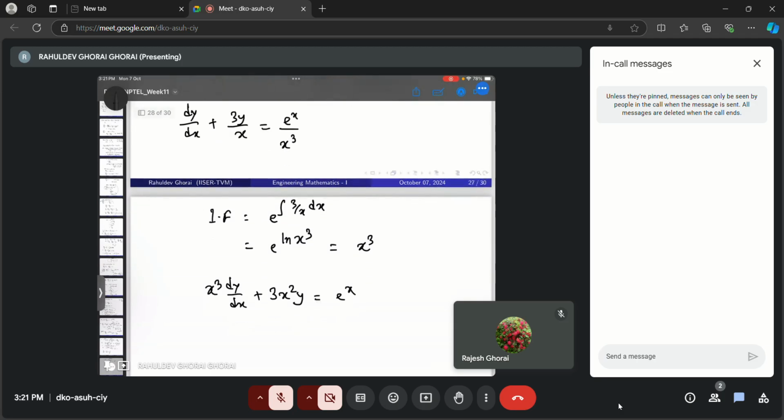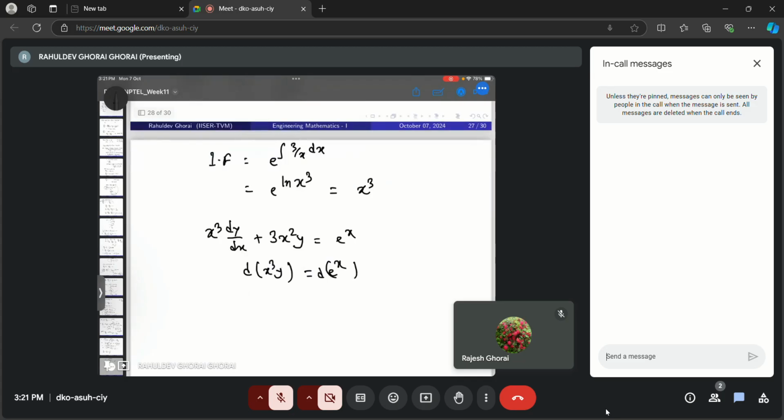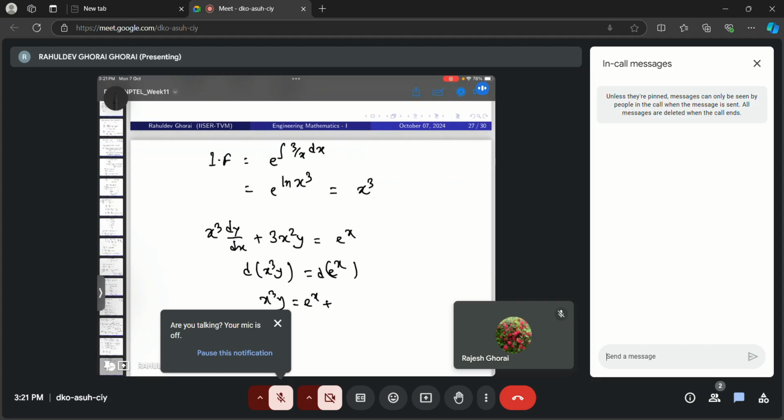If you multiply by dx and integrate, first of all you can write this left side as d(x³y), and that will be equal to e^x dx, because the derivative of e^x is e^x. So that implies x³y = e^x + constant.